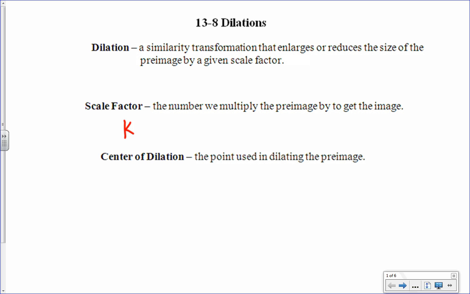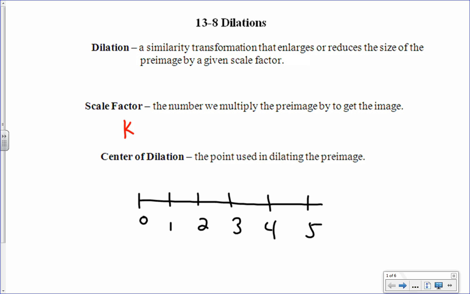So just to give you a very general start off, if I was on a number line, so let's say we've got 0 and 1, 2, 3, 4, 5, let's go a little bit further, maybe 6. And let's say you said the center of dilation, you just pick a spot, we'll say is here at 1.